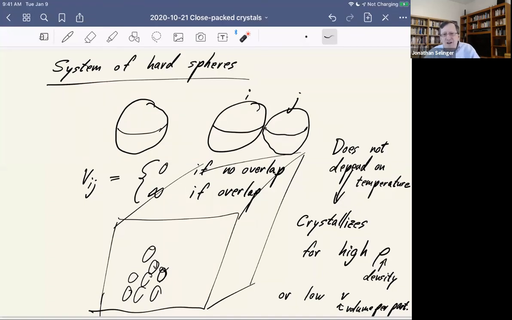And so because the 1 over kT is always multiplied by either 0 or infinity, temperature is not important. Whereas if there were any characteristic energy scale, then you would have to say, well, how does the temperature compare with that characteristic energy scale? And so that's why there's no temperature dependence in this system.